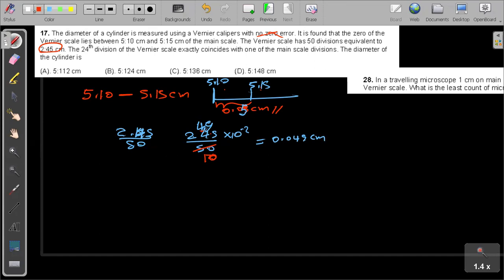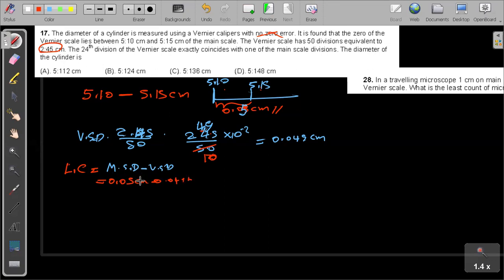Now it is time to find the least count of the vernier. How to find it? Normally, it is main scale division, MSD, minus VSD. So this is the VSD. Now let me apply it. It's 0.05 centimeter minus 0.049 centimeter.